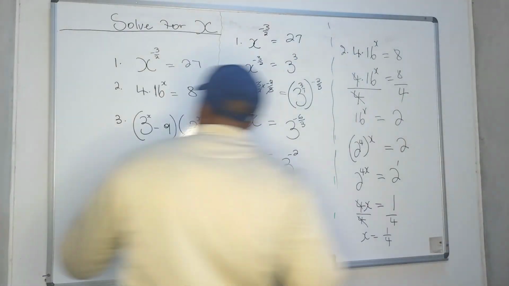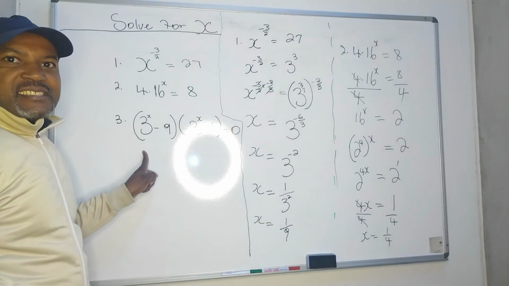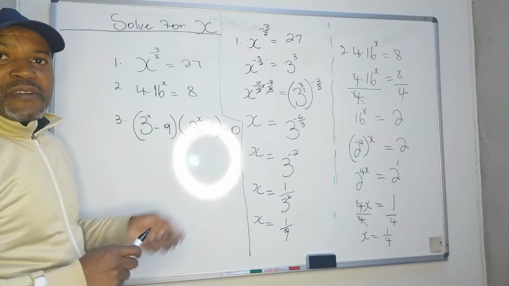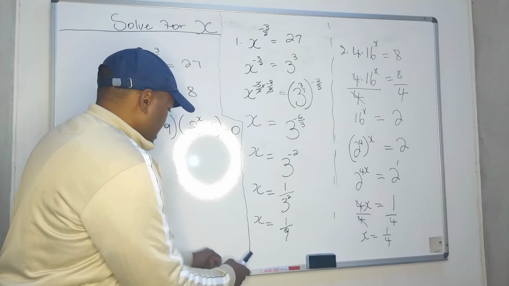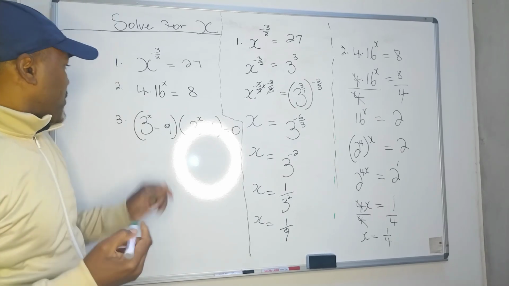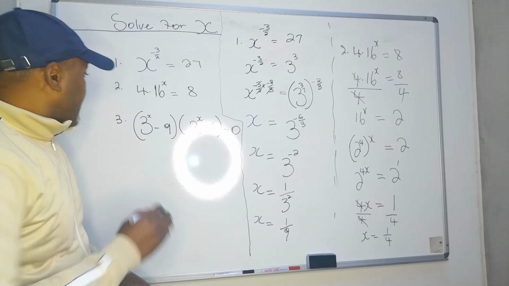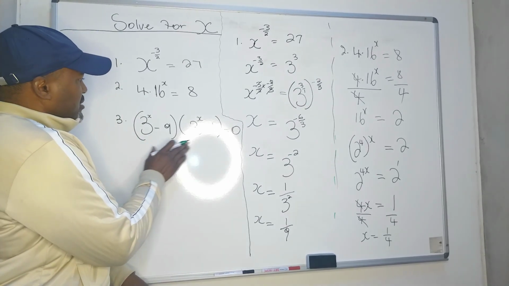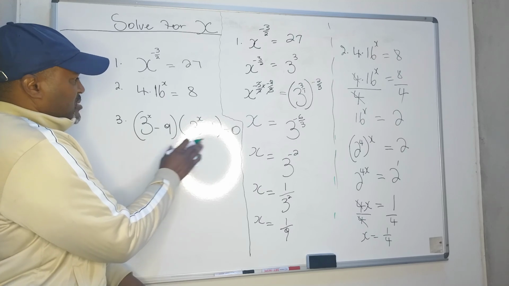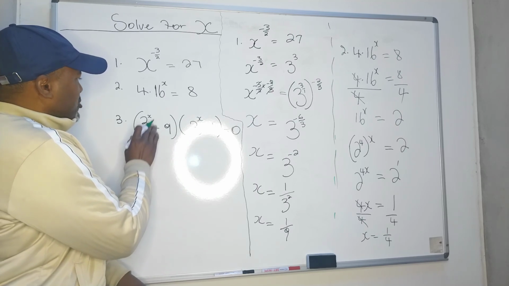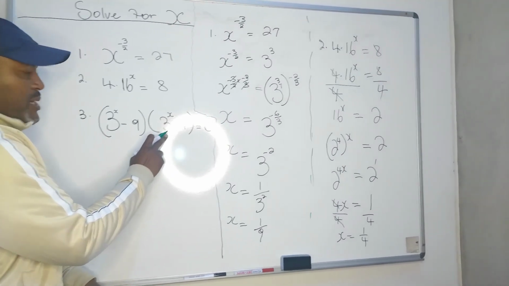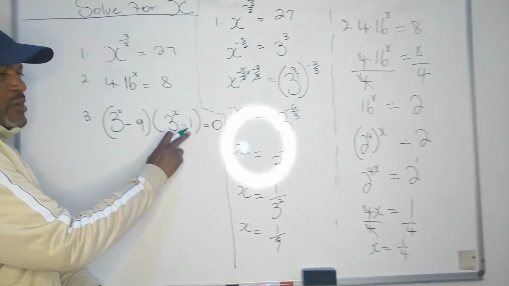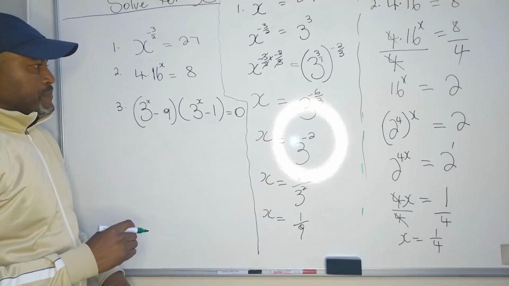Then now we go to number 3. Still we are solving the value of x. You can see here, 3 raised to x minus 9 multiplied by 3 raised to x minus 1 is equal to 0.